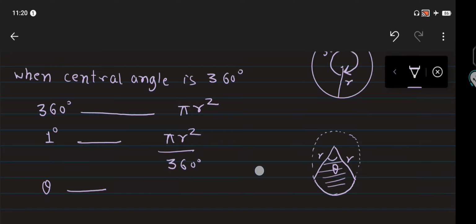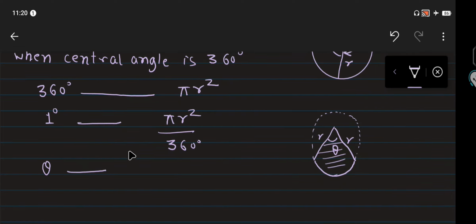So the area will be pi r square divided by 360 into theta.